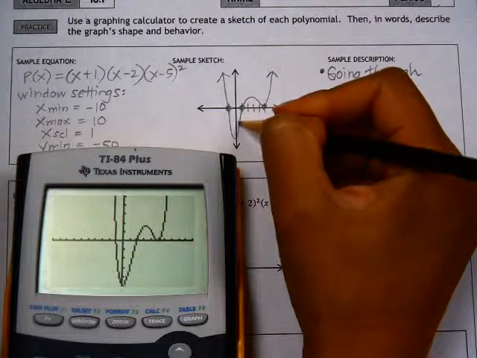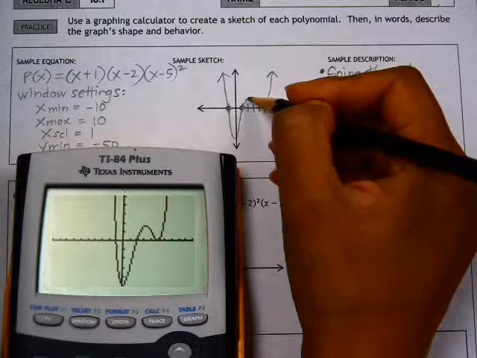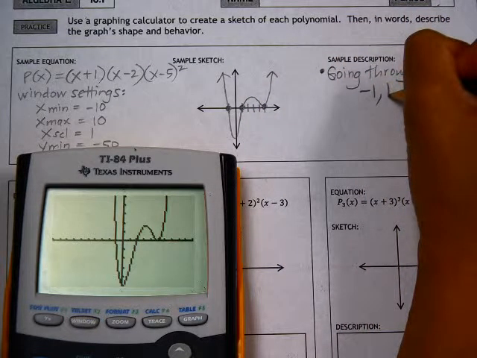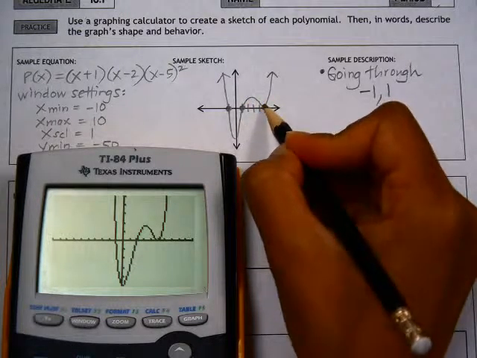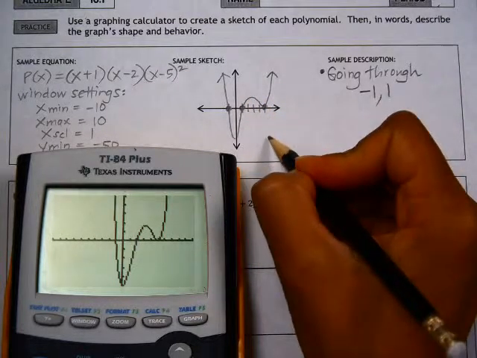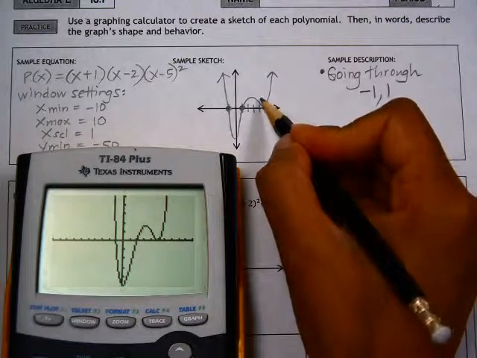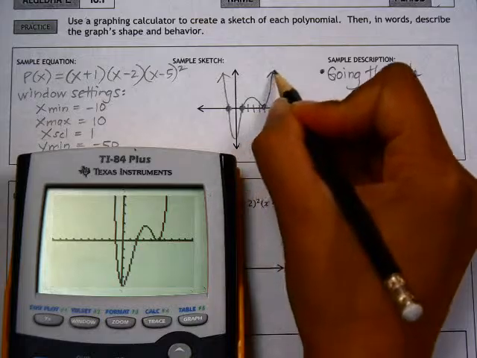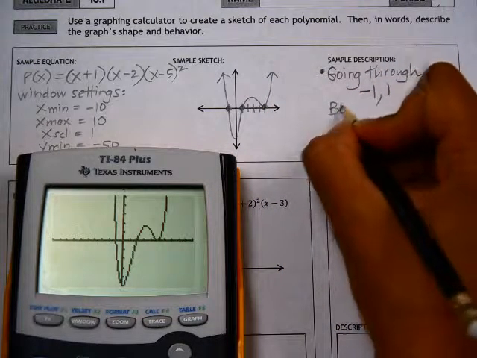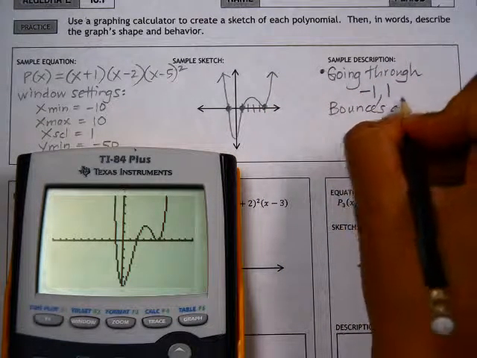And then the graph starts here and then goes through +2. But then when we get to +5, the graph hits +5 but doesn't go through to the other side of the x-axis. This is called a bounce. So the graph hits 5 and then bounces back up. So we say the graph bounces at 5.